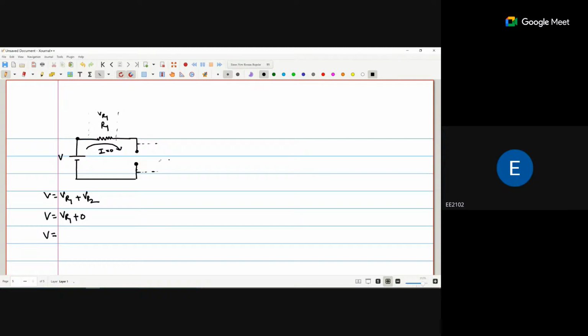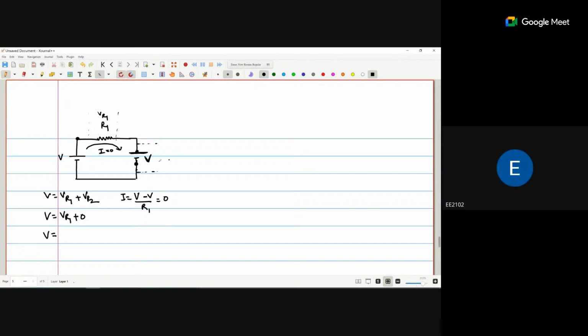Yes. Now, if the current is 0, can I assume that this voltage is again V with the same polarity? Yes, sir. So V minus V divided by R1 is 0. So the current I is equal to V minus V divided by R1, and that is 0.